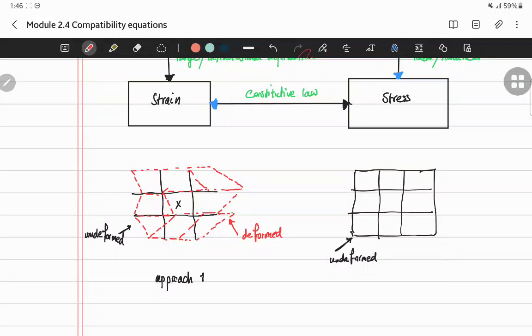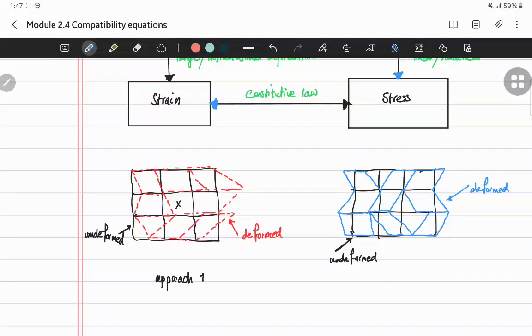So the undeformed also has to be continuous. So you can't have something like this, for example. This is the deformed shape.